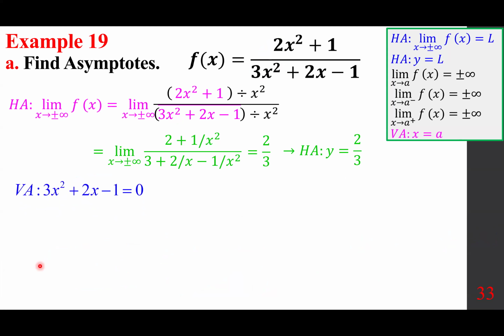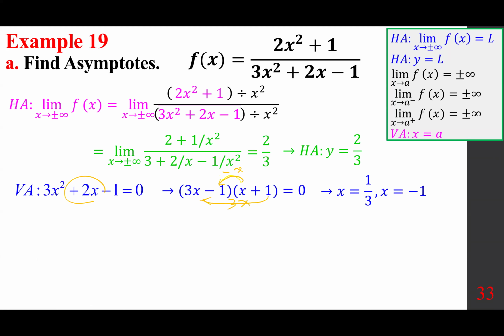And 3 is a prime number, 1 and 3, and this is just 1 and negative 1 in some order. When you do the factoring, it's important to check the middle term. If you look at this one, minus x, this one 3x, they must add up to 2x, they do. So x equals 1/3, x equals negative 1. Those are the answers.